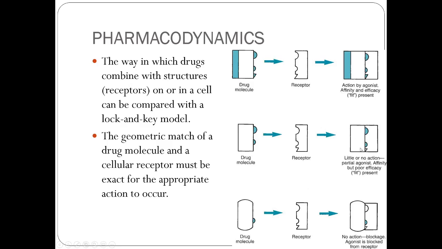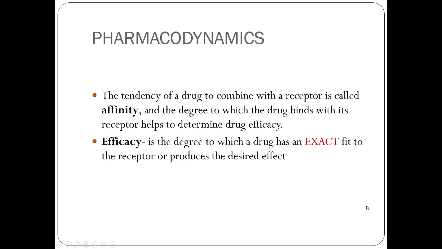If it partially fits in, but not completely, we may have some action of that cell. It's not completely stimulatory, not completely inhibitory, but we have a partial fit. If it's something that fits in but blocks the action of that cell, that's called an antagonist.